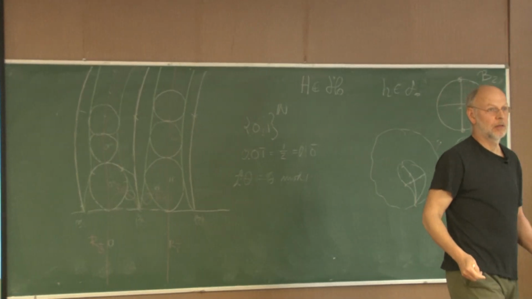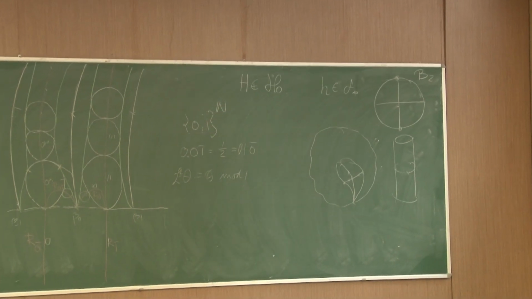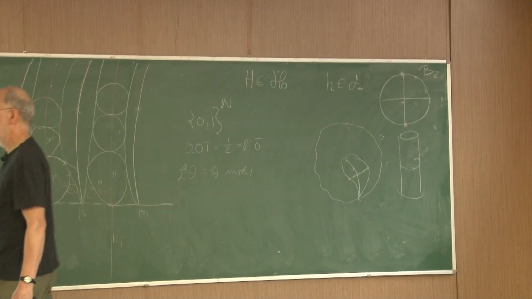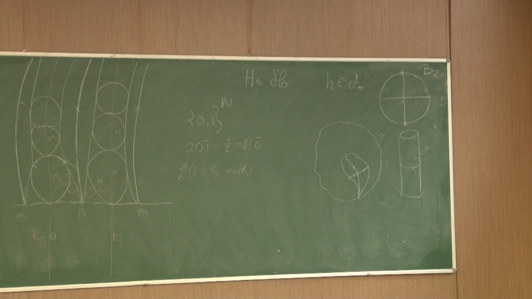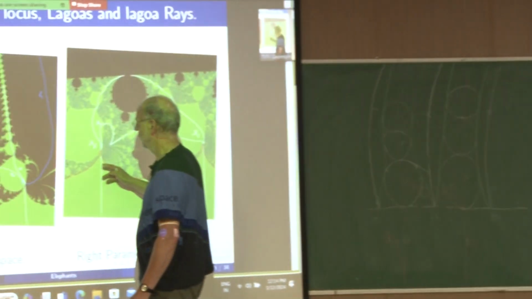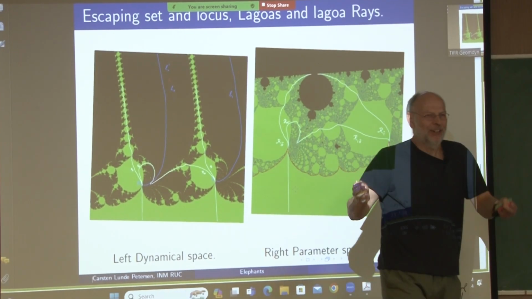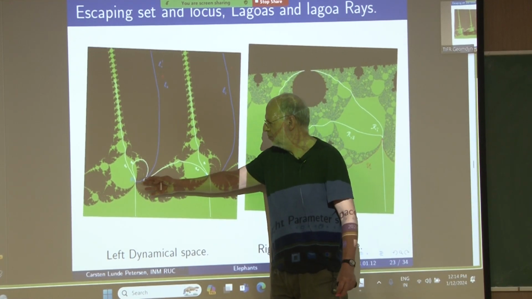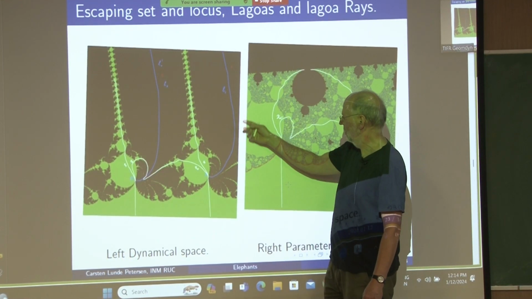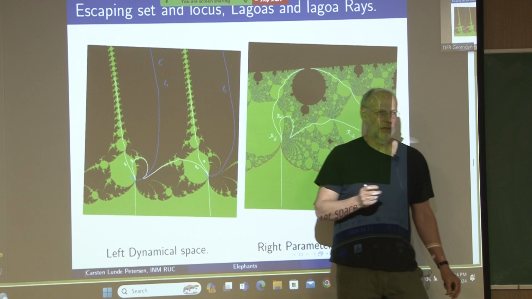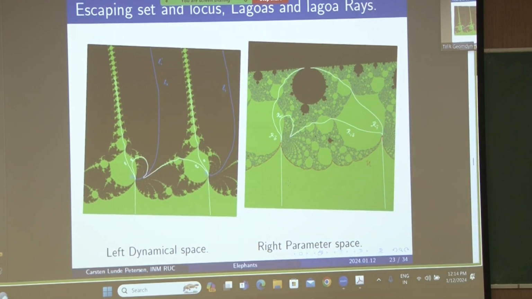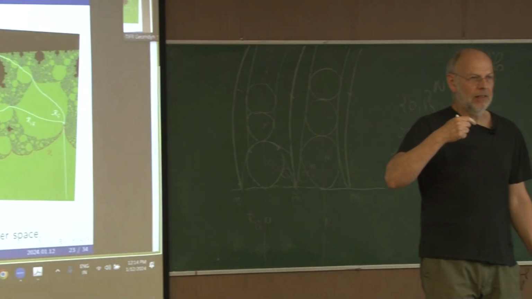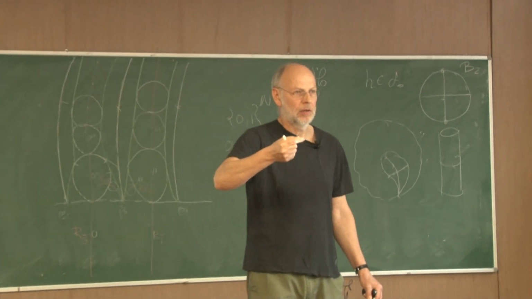Yes? How do we know these parameter rays are mixed? How do we know the dynamical rays actually work? Well, I'm sort of hiding a lot here. On every parameter lagoa, it is characterized by the critical value being in the corresponding dynamical lagoa.